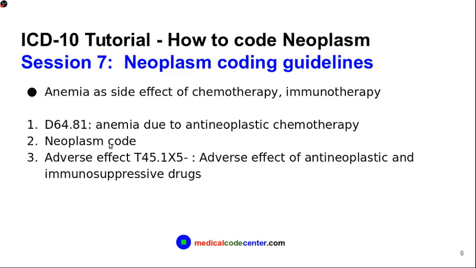And then the neoplasm code will be the second code. But also we have to code a third code, which is adverse effect T45.1x5. You still need the seventh digit to have a full code. This code is for adverse effect of anti-neoplastic and immunosuppressive drugs.